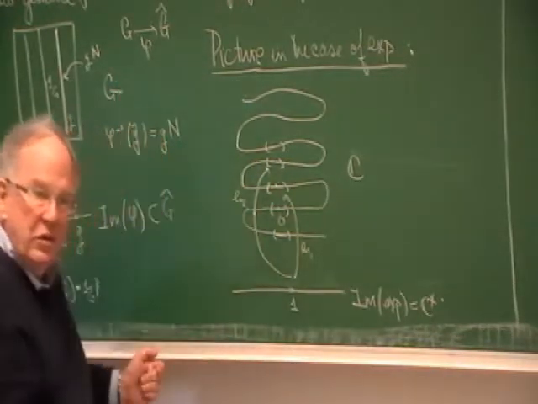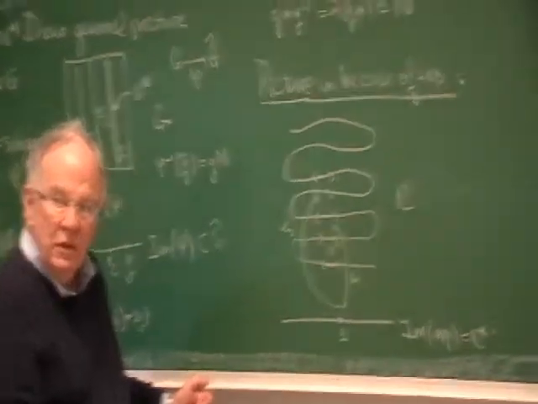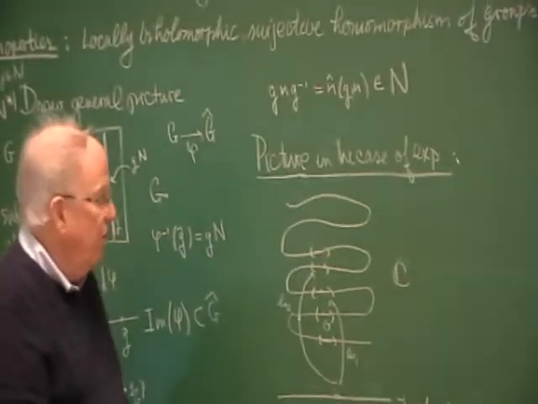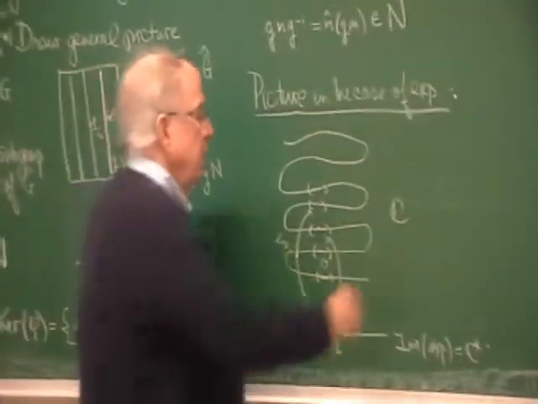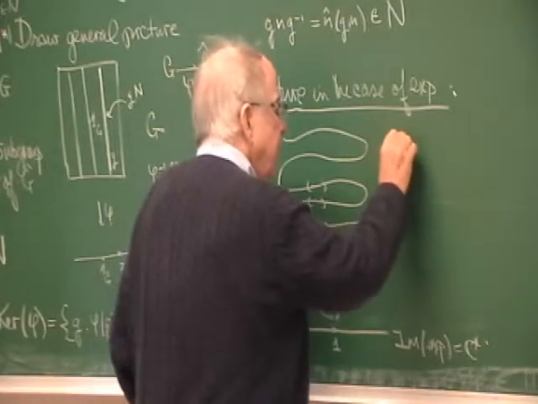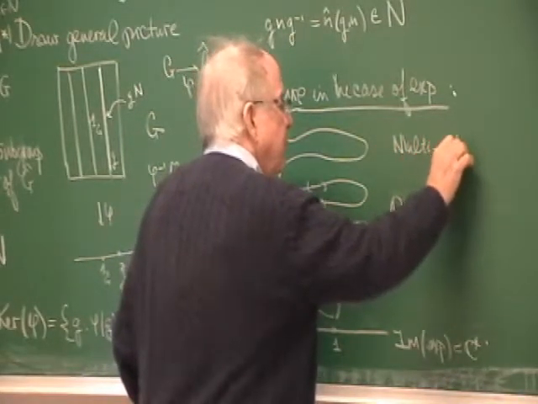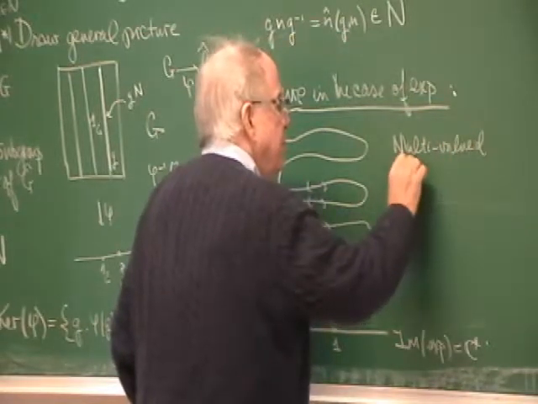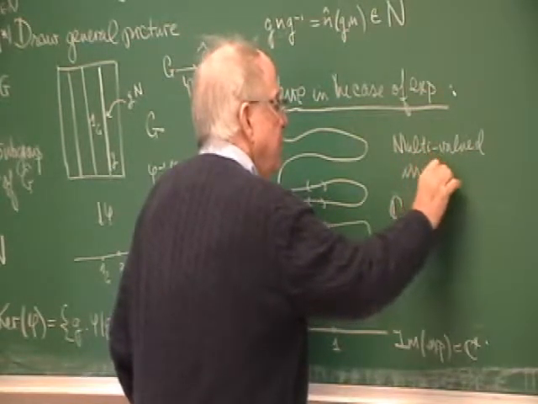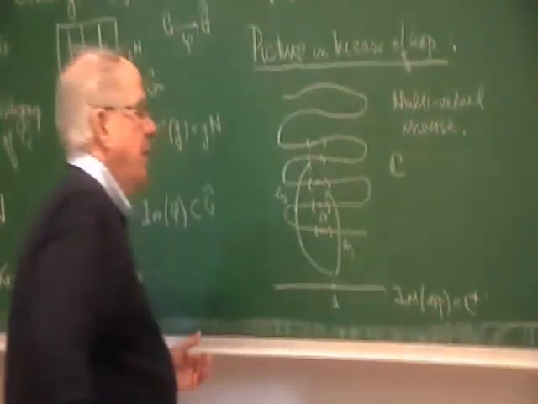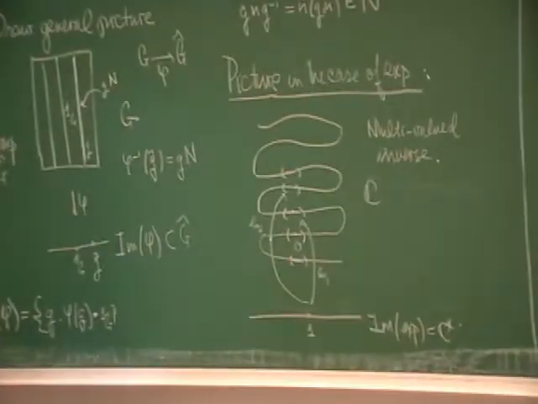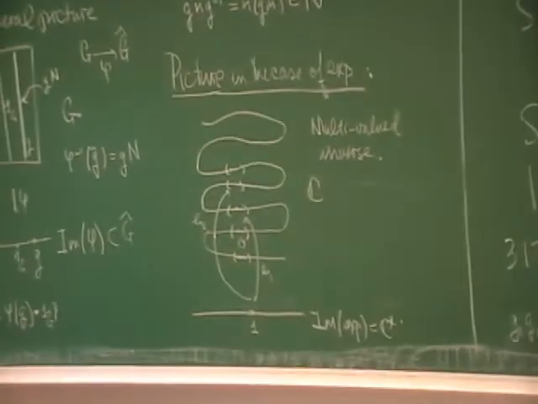So there are many inverses. Yeah, the inverse mapping is multi-valued. The way to say it is a multi-valued inverse. This is not new to you because you know the square root is a two-valued inverse.